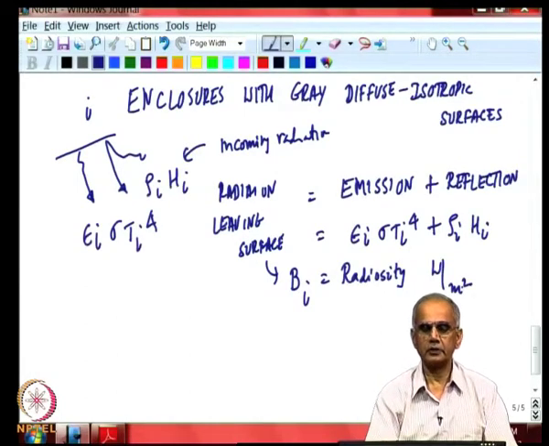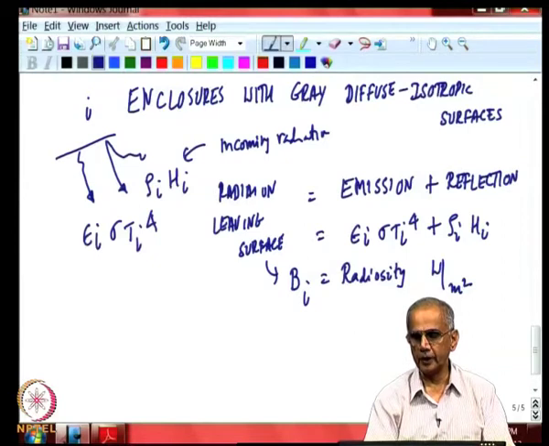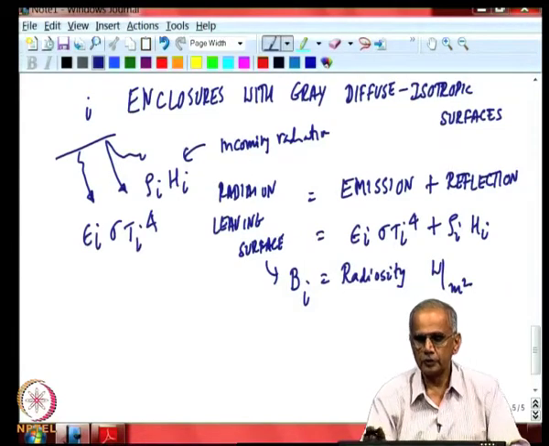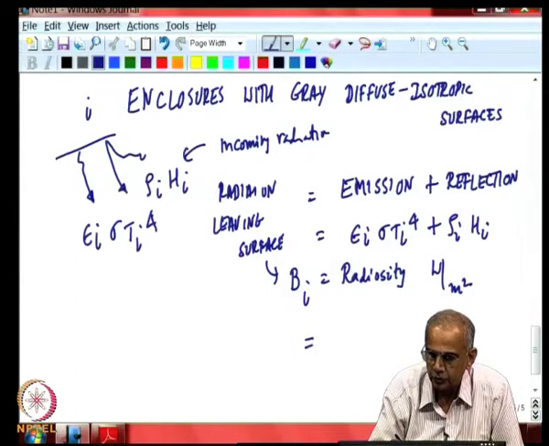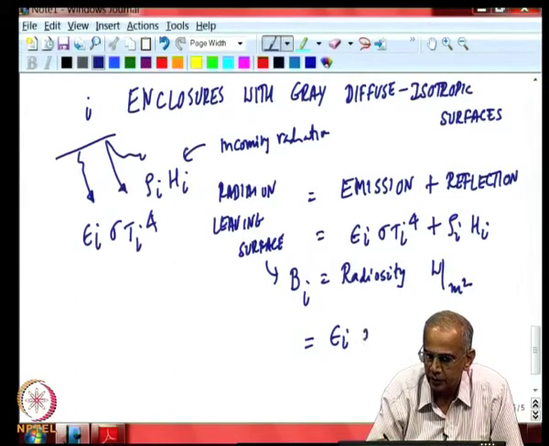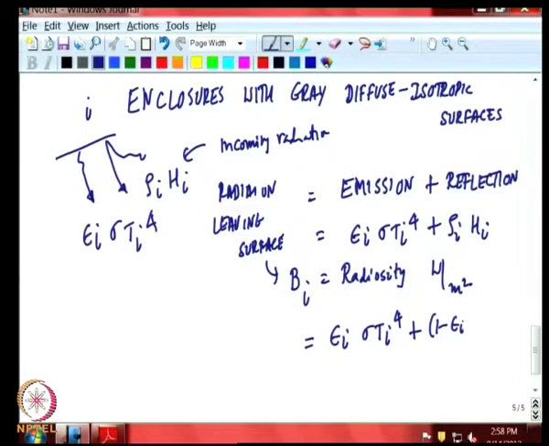So, radiation leaving a surface per unit area in watts per meter squared consists of two components, the emission and the reflection. And since you are dealing with gray diffuse isotropic surfaces, you can write this also as 1 minus epsilon I Hi using Kirchhoff's law.